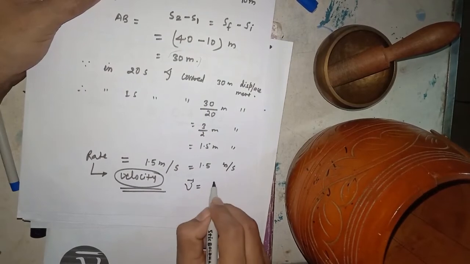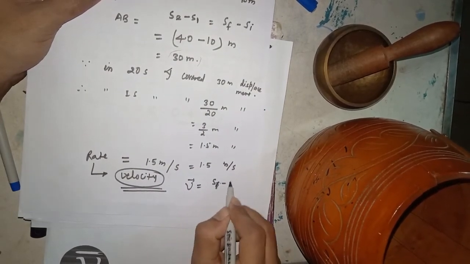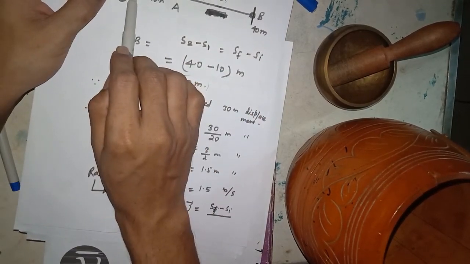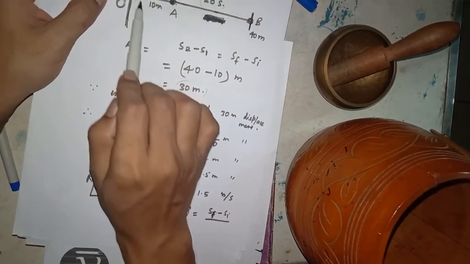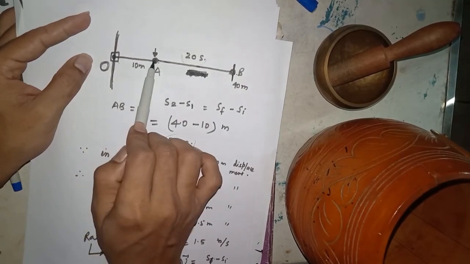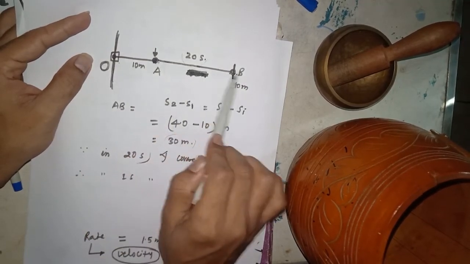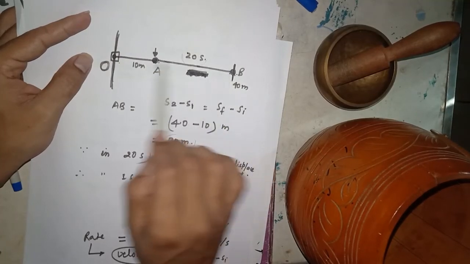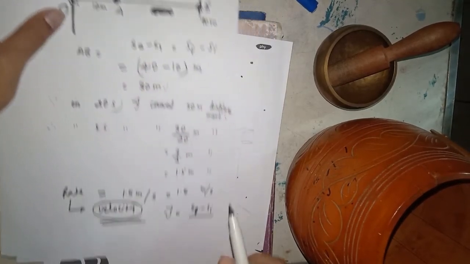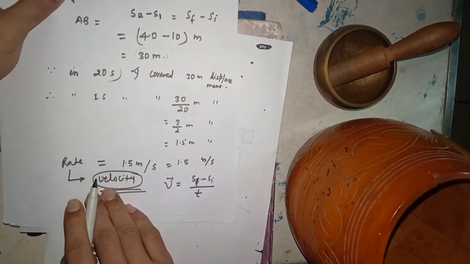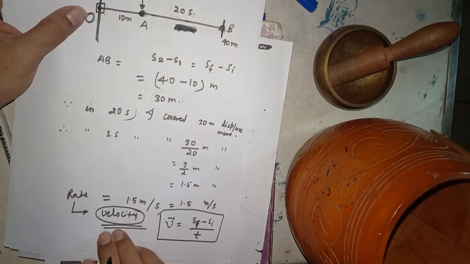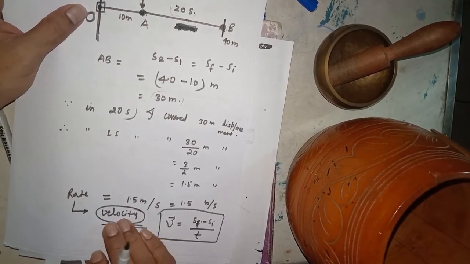And 20 seconds means time from this to this, and time from this to this. If you subtract, you get time from this to this, means T2 minus T1. You get T, means 20 seconds. So by definition, we have the mathematical formula of velocity. Have you got my point?